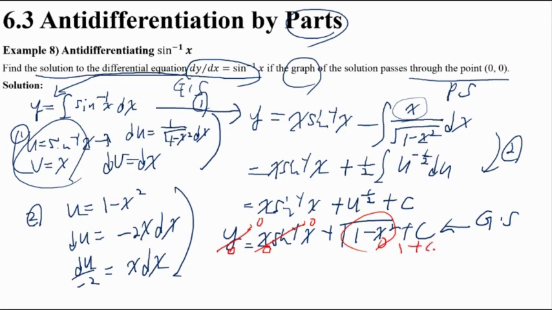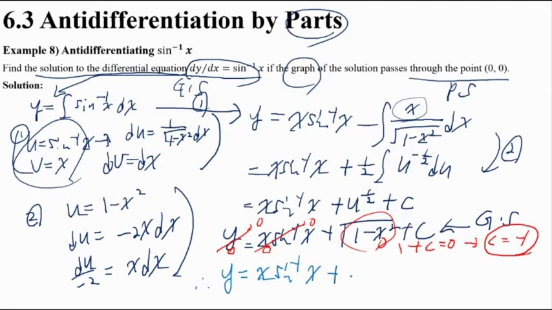So 1 plus c equals 0, so c will be negative 1, right? So change the color again. Our final particular solution will be x inverse sine x plus square root of 1 minus x squared minus 1. This is the particular solution.